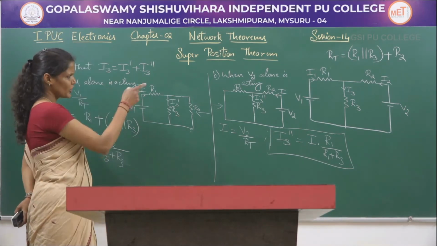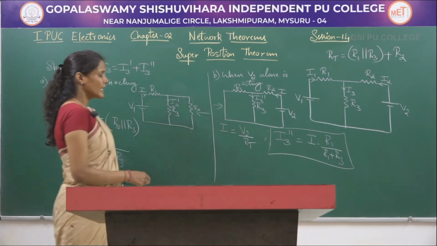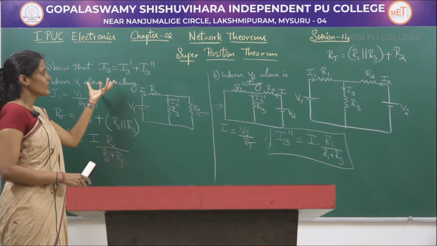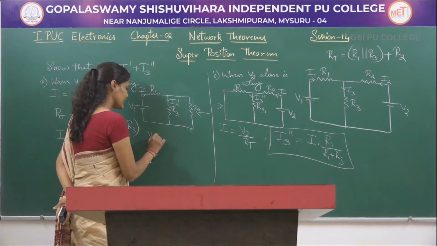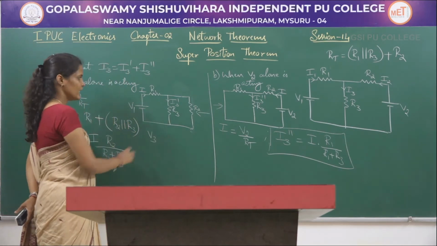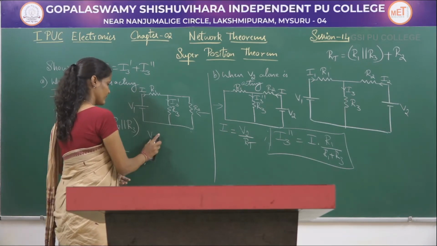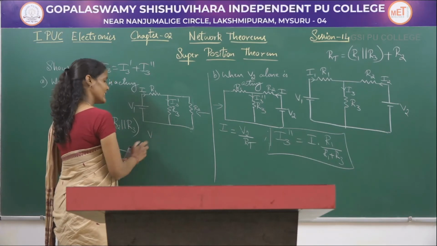Clear? But in order to find out the voltage across R3, again you have to consider the source individually, that is when V1 alone is acting, V2 alone is acting. Let me write it here. When V1 alone is acting, the voltage across R3, let me denote it as V dash.